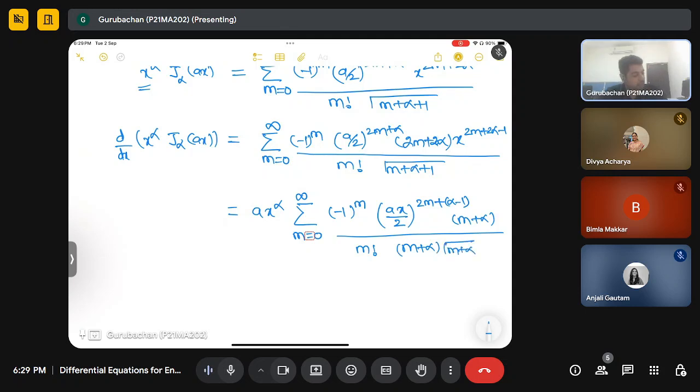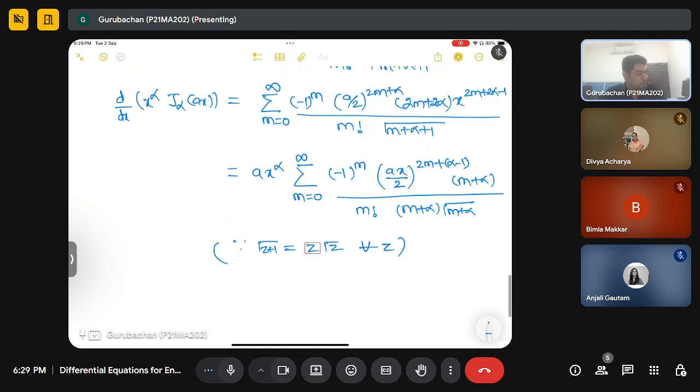As I told you, gamma of z plus 1 can be simply rewritten as z gamma of z for all z. So this is our property of the gamma function.